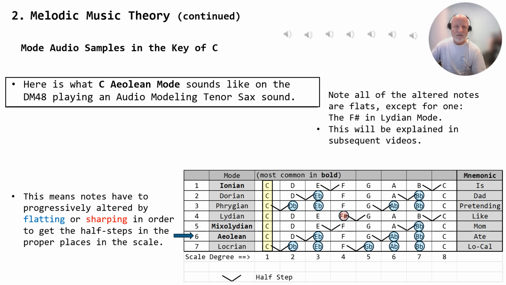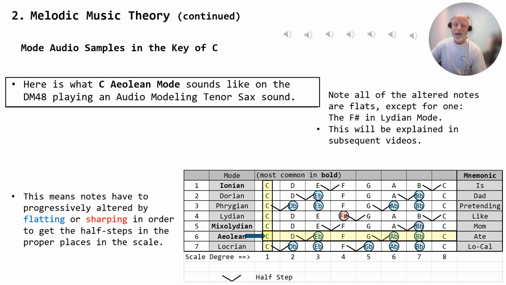And so now we've got those 3 flats, but we're still starting on C, and this is what the Aeolian mode, the minor mode, is, what blues music uses. Okay, that was the minor mode, Aeolian.